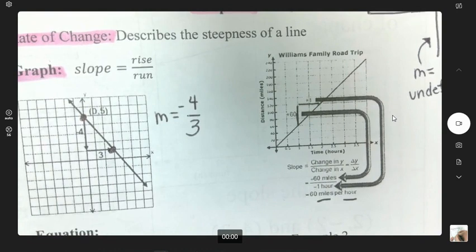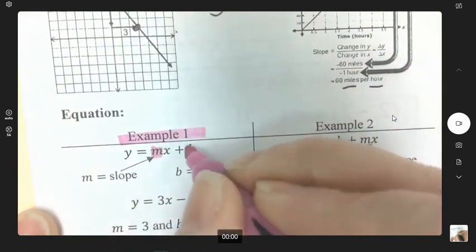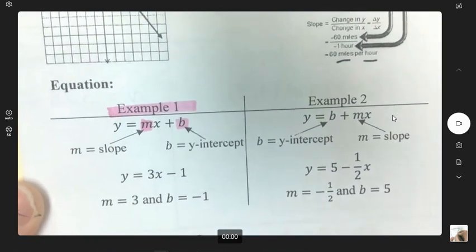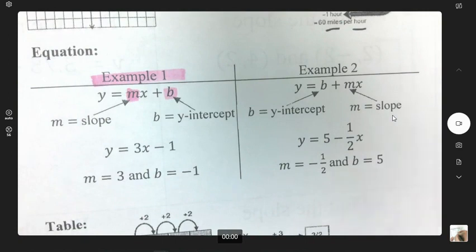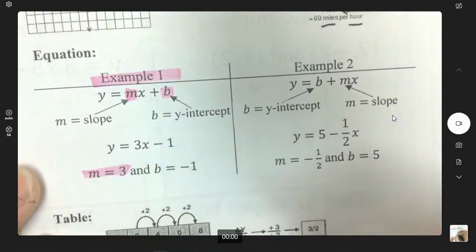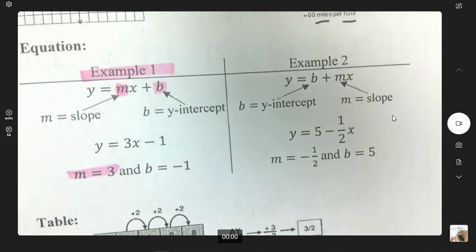Okay, with an equation, that was like what we did on our warm-up. You're finding your m and your b. m is your slope, b is your y-intercept. You just write what m is, and that's your slope. So m equals 3. It doesn't matter the order. You're just looking for the coefficient of x whenever it's in mx plus b.